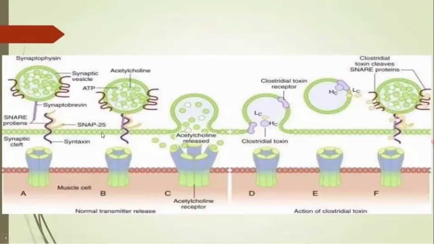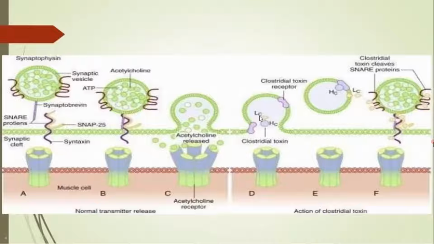Now, this acetylcholine will act on the acetylcholine gated receptor channels. These channels have 5 subunits: 2 alpha, beta, gamma, and delta. Acetylcholine binds with the alpha subunits of these channels.